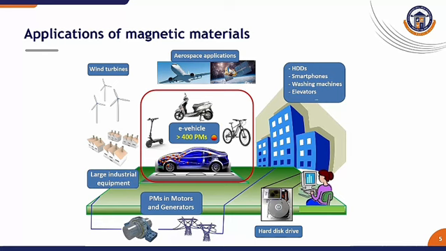Magnetic storage devices such as hard disks and tapes use ferromagnetic materials. Ferrites are used in high frequency applications like microwave devices and antennas. Thus, the study of magnetic material is not only theoretical but also highly practical.